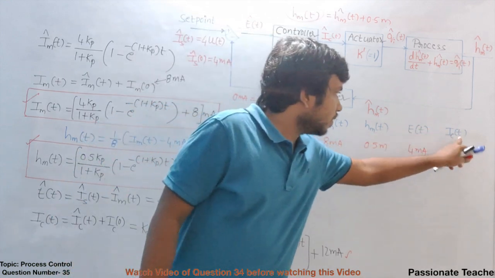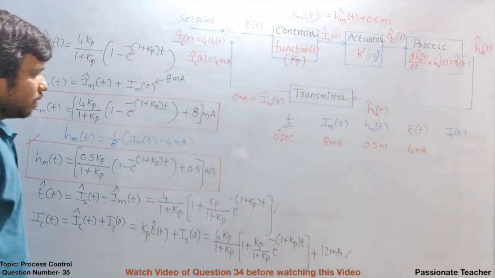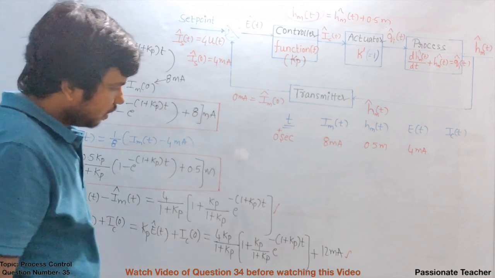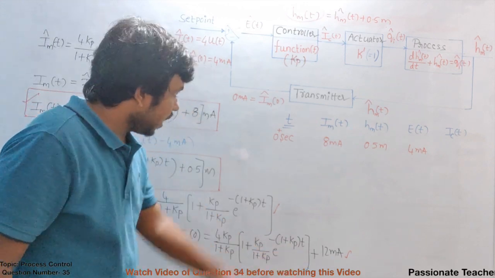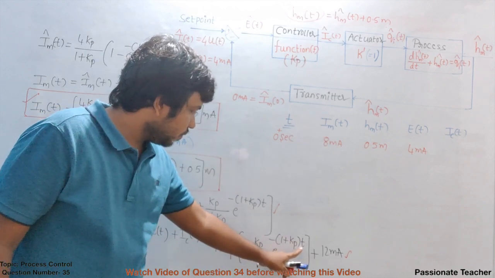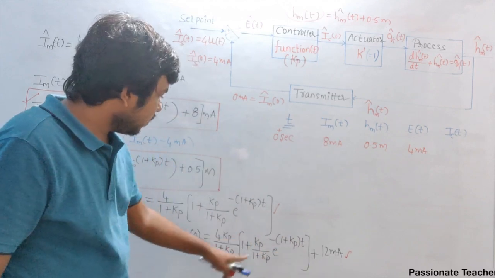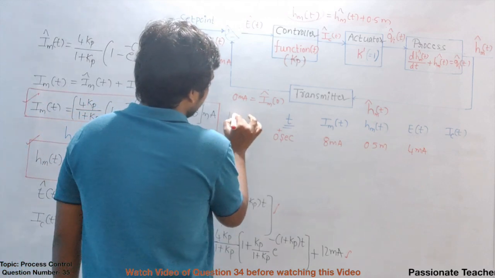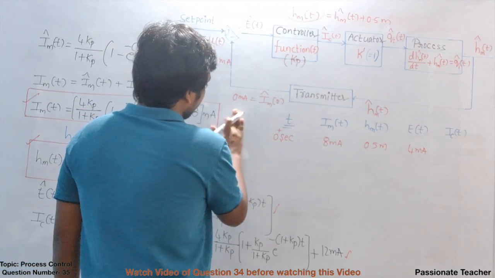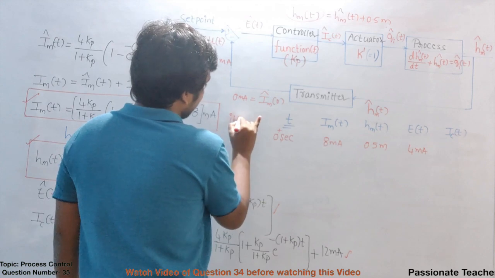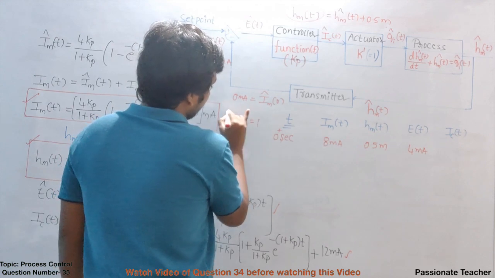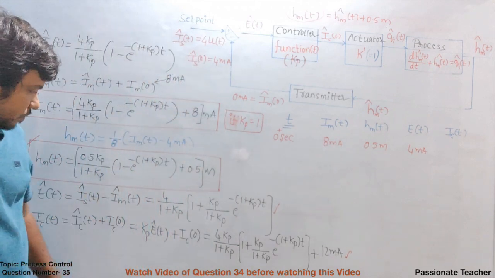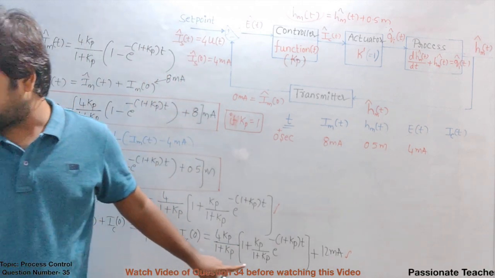And then what about this IC(t)? If you substitute here, you will understand that t is equal to 0, so IC(0). We need to take the value of Kp to understand this. Let me select the value of Kp equal to 1, that means proportional gain is equal to 1. If Kp is equal to 1, let us look at what will happen for IC(0+).